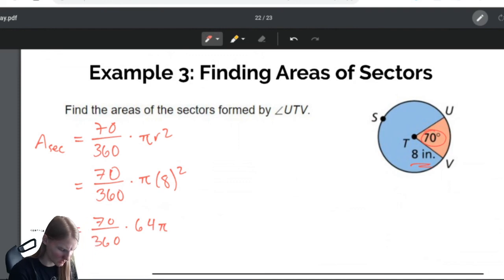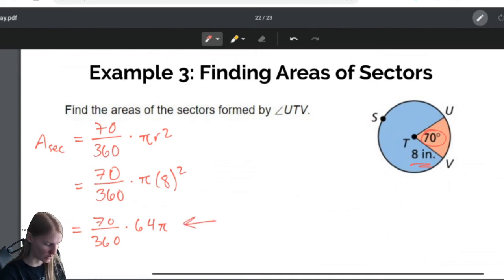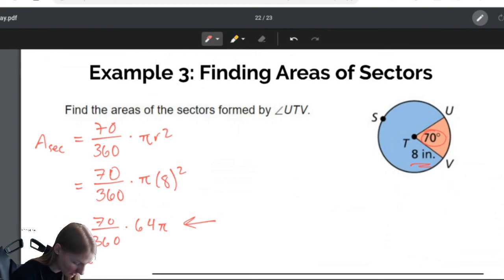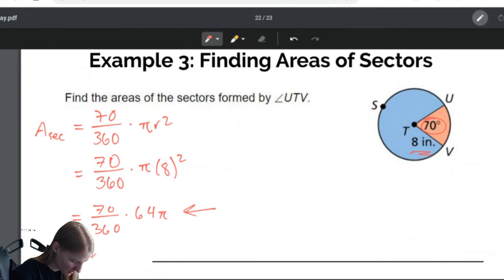Can we do any canceling? Let's see. That's okay. If you want an exact answer, cancel stuff out of there. This video is pretty long, so let's just do 70 divided by 360 times 64 pi. And we get approximately 39.1 inches squared, because we're dealing with area. And there you go.